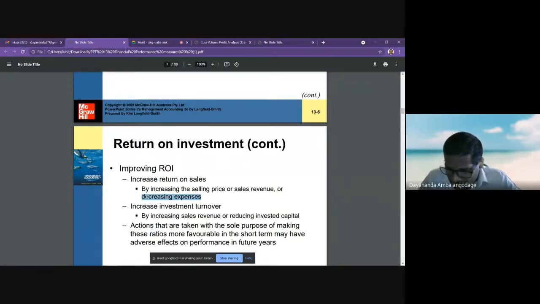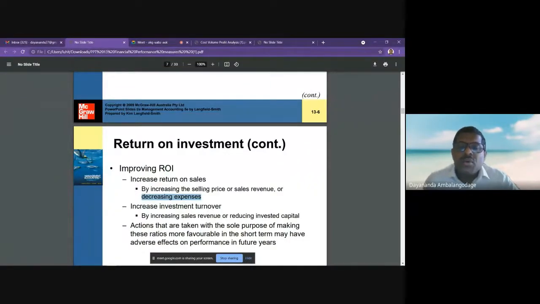So you may really increase sales by taking next month sales to this month. So thereby what happened is your sales revenue will increase.